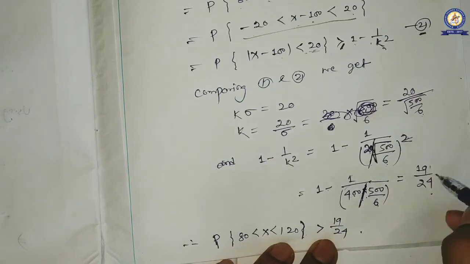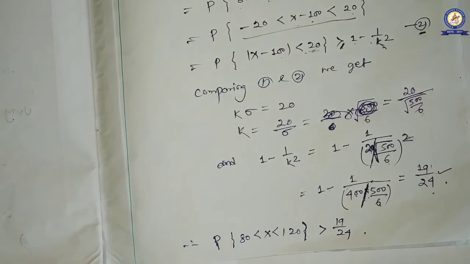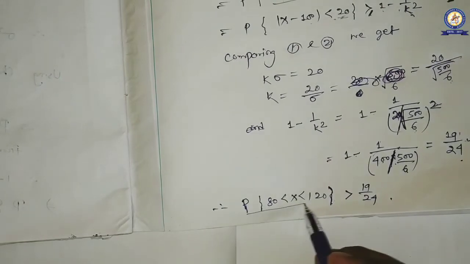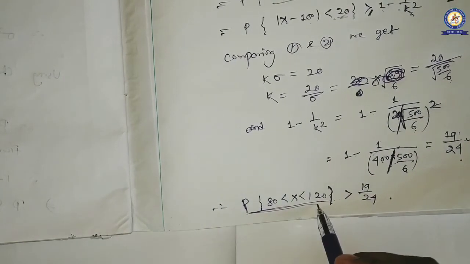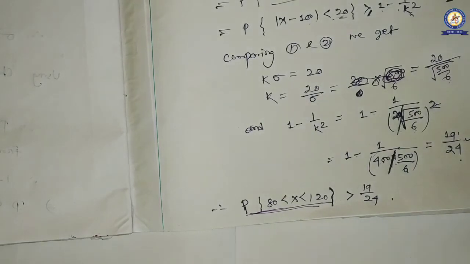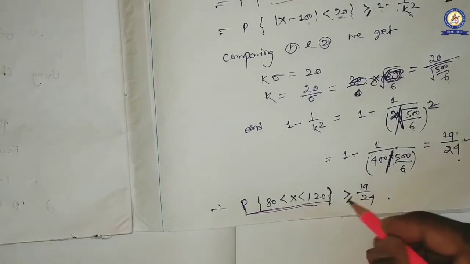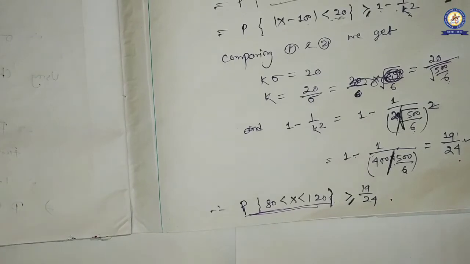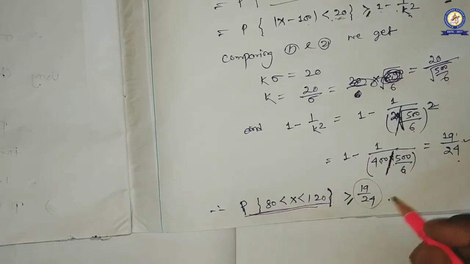So you just solve it, you can get 19 by 24. So hence the probability of the number of successes being in this range will be greater than or equal to 19 by 24, giving the approximate value of the probability.